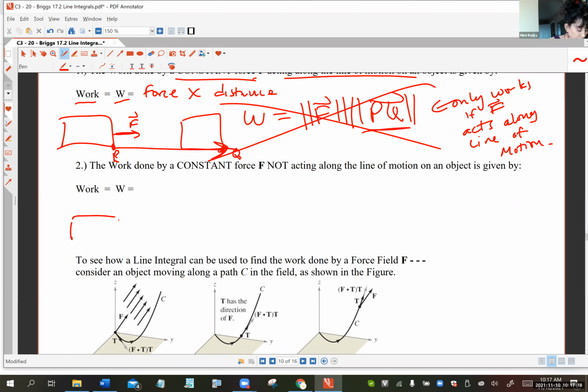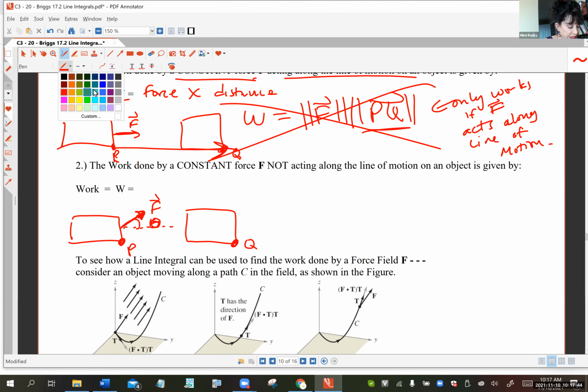So what's the more usual type of work formula? So let's say again, we have the big piece of rock. Only this time, let's say your rope that you've tied the rock, you're pulling, but a little bit at an angle with the horizontal. And let's say the angle you're making here is theta with the horizontal. That's a theta. And let's say your rock still ends up over here at the point Q. Then your work is going to be the part of the force that is acting in the line of motion, which is the projection.